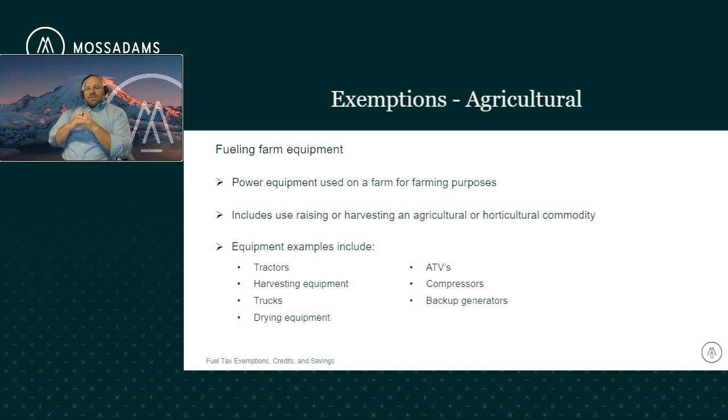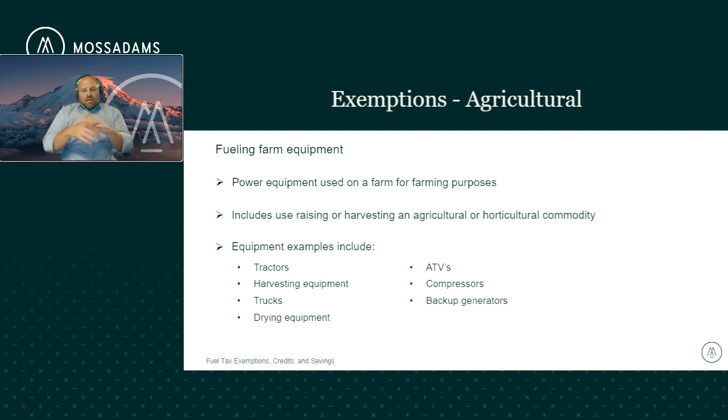The other exemption, and as a farm kid this is near and dear to my heart, is the agricultural exemption at the federal level. And this is for fueling farm equipment. And again, it smells and it reads, as you look through the guidance and the laws, a lot like off-road. There's a little bit of difference. There's certain things that qualify for the ag exemption that don't qualify for off-road.